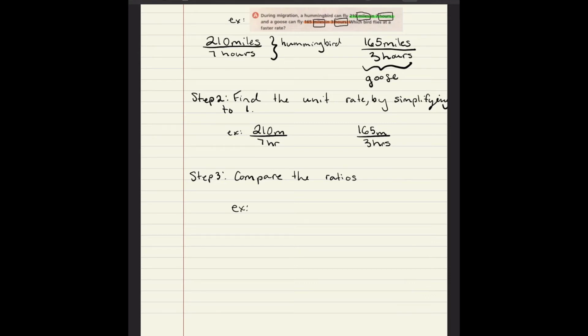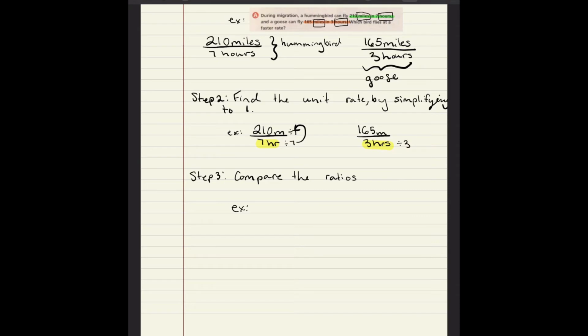So my goal here is to turn my bottom number into a 1. Usually the smaller number will be turned into a 1. So whenever you want to turn a number into a 1, you would divide that number by itself, because 7 divided by 7 is 1. But what you do to the bottom, you have to do to the top.